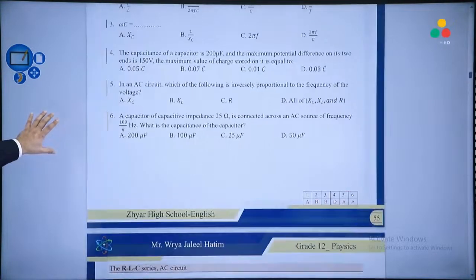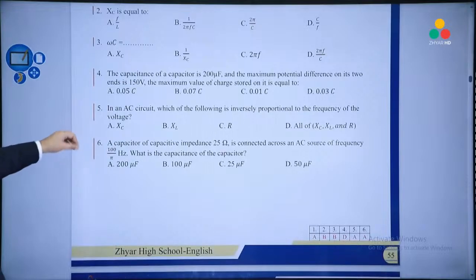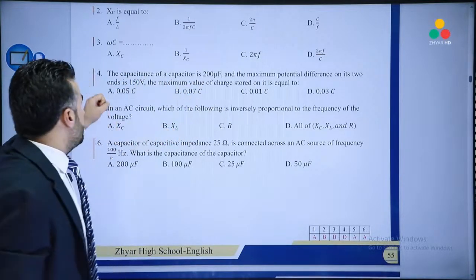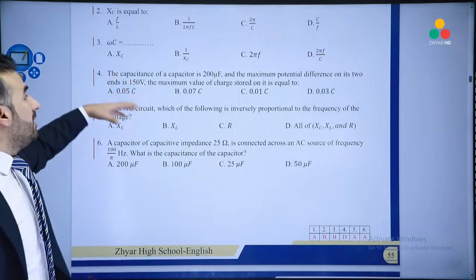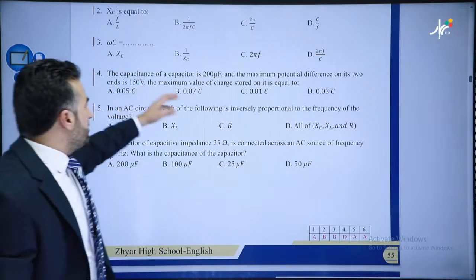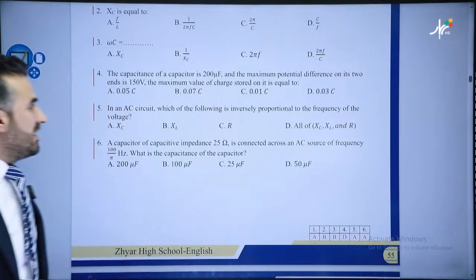Okay, take a look at these three questions here. It says, the capacitance of a capacitor is this much. The maximum potential difference across its two ends is this much, that is basically the voltage across the capacitor. The maximum value of the charge stored is equal to what?